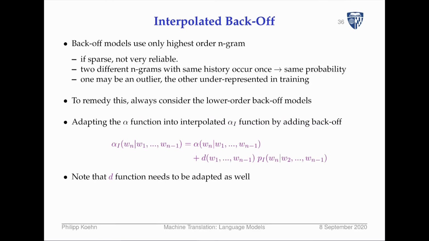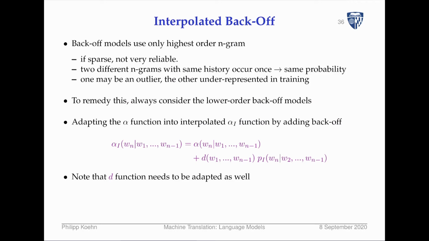Okay, I hope your head doesn't hurt too much because we have one final twist, but this is really the last slide on all these methods. Interpolated back-off. We talked about interpolation and we talked about back-off. We kind of forgot about interpolation. Interpolation was the idea, let's just take a unigram model, a bigram model, a trigram model, and weight them somehow and combine them.